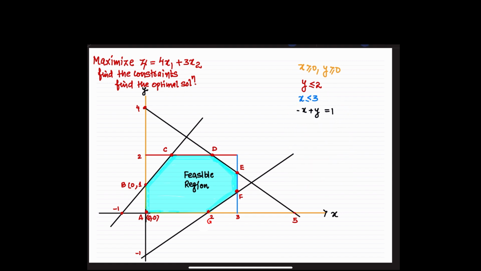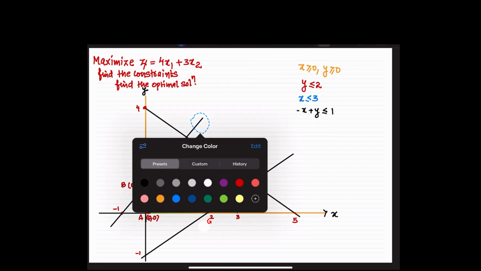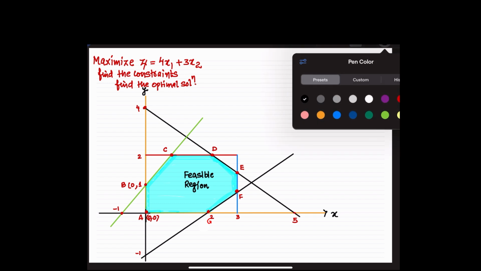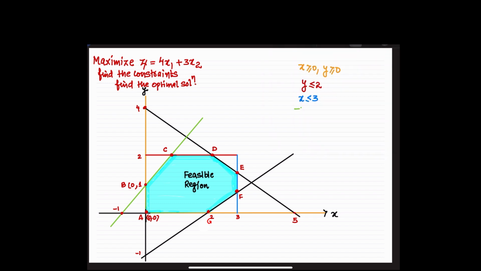For the constraint, let us see which region it is. Since the region is facing towards the origin, this is in fact less than or equal to 1. So we have found this constraint. Let us color this as, say, this. Okay. So minus x plus y less than or equal to 1.